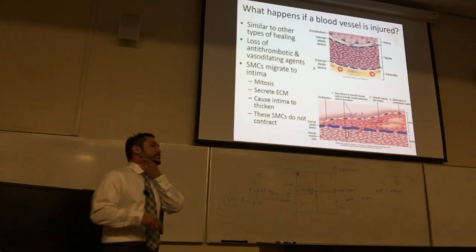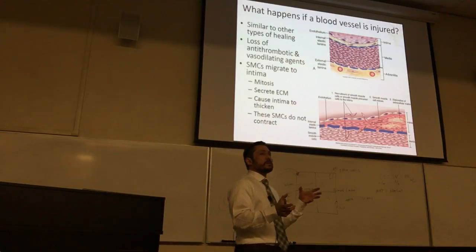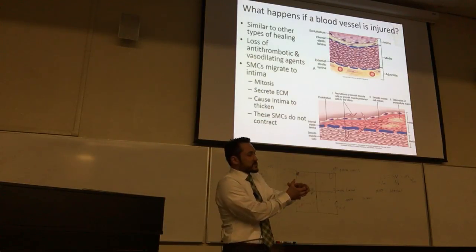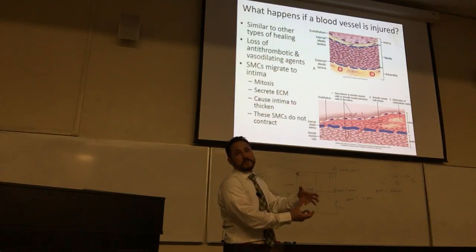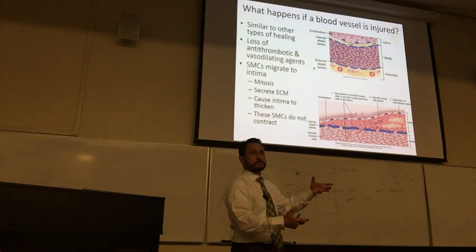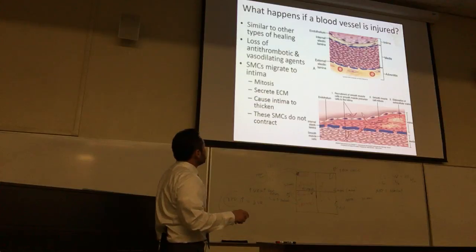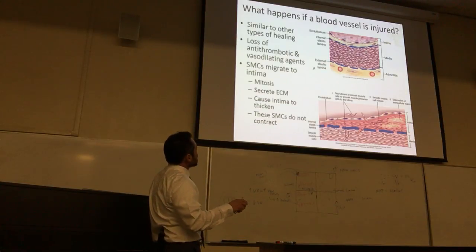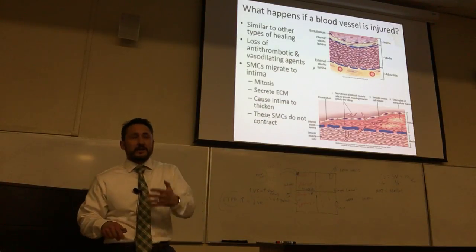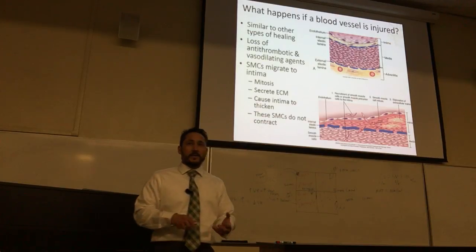It also serves to provide vasodilatory activity, or for the vessel to go through the action of vasodilation where it gets larger. And it's a quiescent layer. Quiescent means it doesn't divide, it doesn't have a lot of activity.